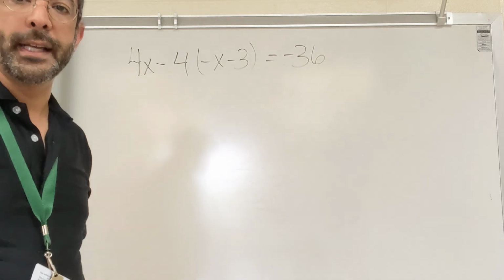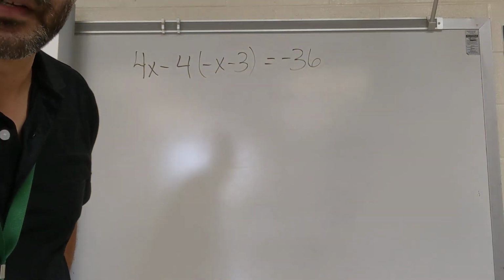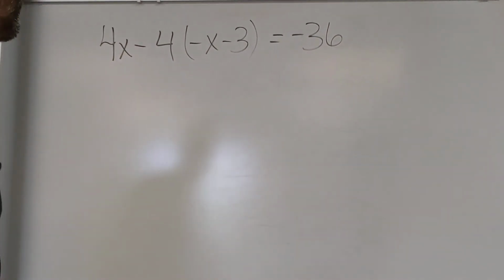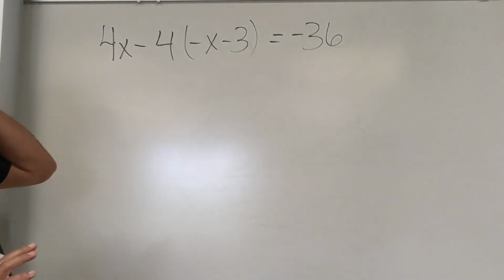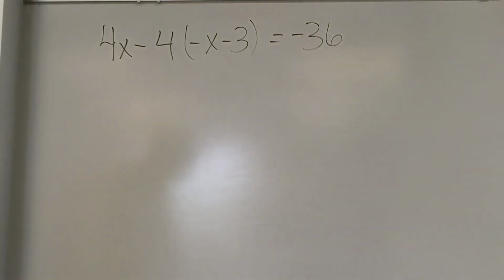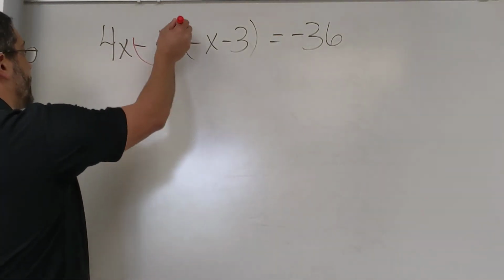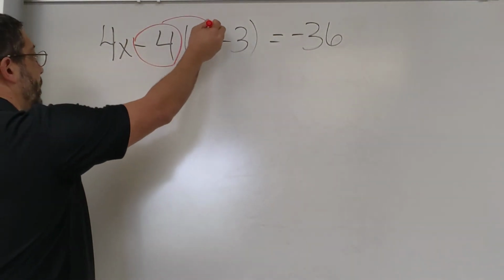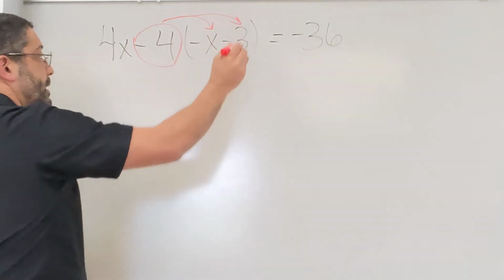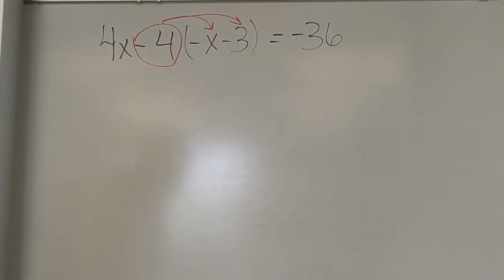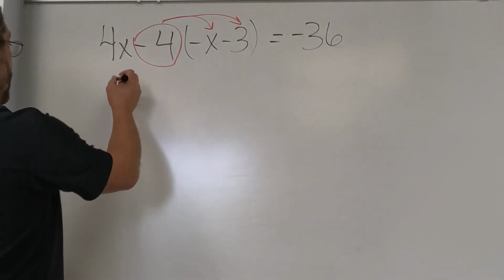Okay, so here's number 3. I have 4x minus 4 times a negative x minus 3 equals a negative 36. All right, so I've got to do the same thing here. When I distribute, I'm distributing a negative 4 to everything on the inside of those parentheses. So when I do that, that gives me 4x.